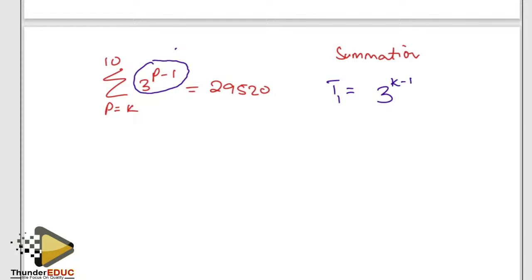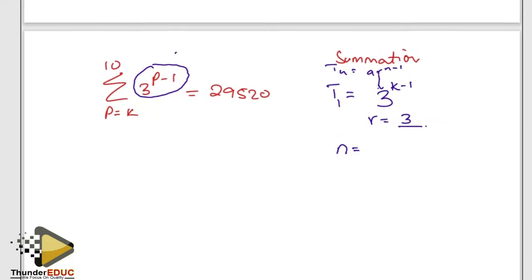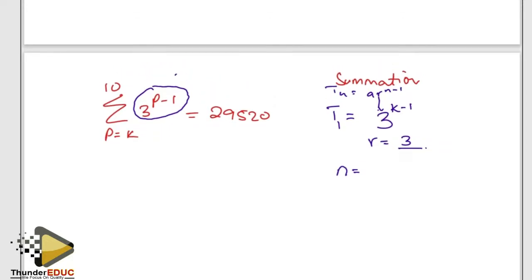Then, from the general term of a geometric sequence, we know that it's a r to the n minus 1. So chances are high that this r is being represented by the 3, which means our common ratio is 3. If that is also true, we need to find out how many terms we have within this statement. So remember, to get the number of terms, you take the upper limit, which is 10, minus the lower limit, and then plus 1.